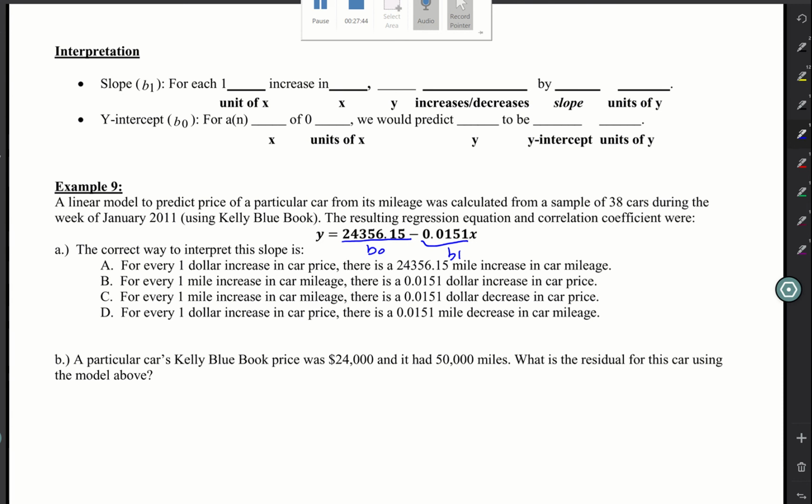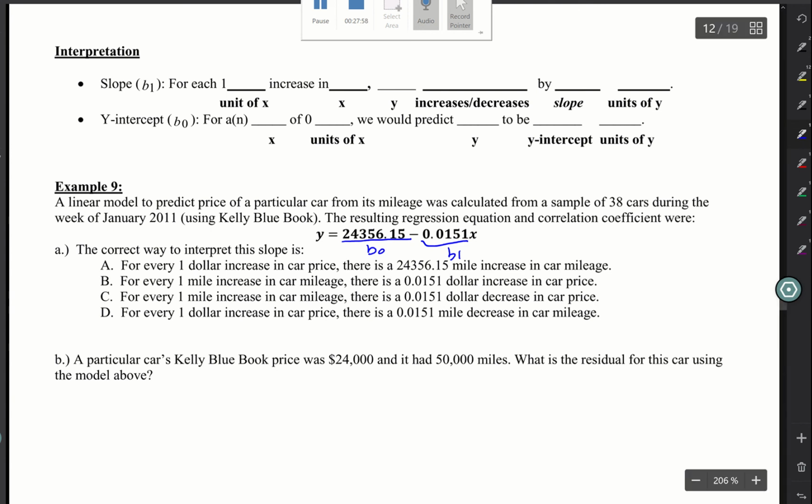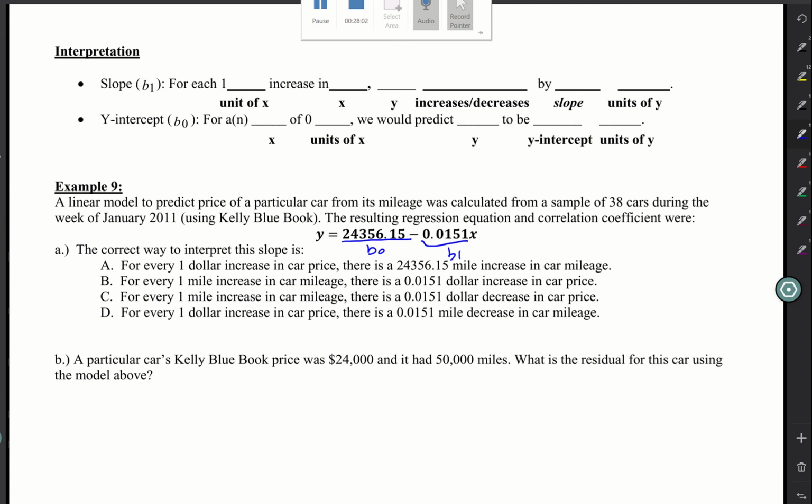All right. For every 1 mile increase in the car mileage, there is a $0.0151 increase in the car price. All right. For every 1 mile increase in car mileage, there is a $0.0151 decrease in the car price.